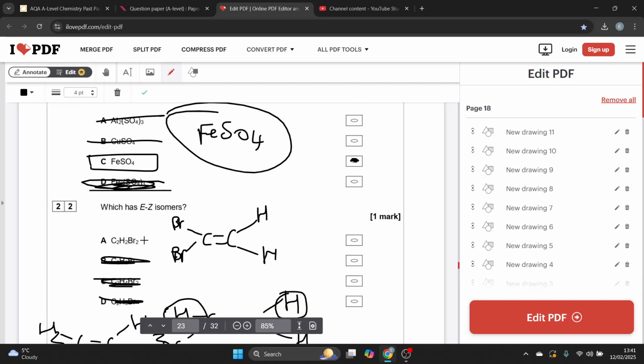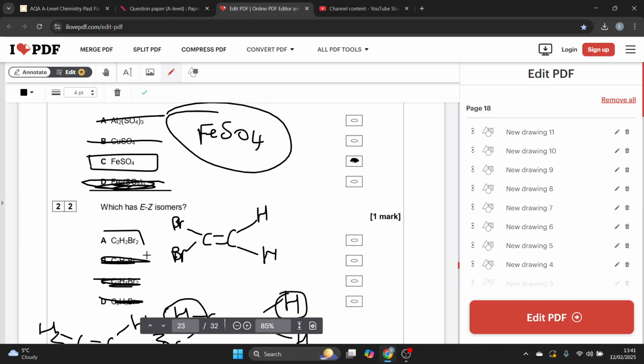Same thing with D. But if I look at A, it looks like it doesn't have EZ isomers, right? But in reality, it does. Because what you can do is put the Br where the hydrogen is, and the hydrogen where the Br is, or you could swap that. You can have Z isomerism, and you can have E isomerism.